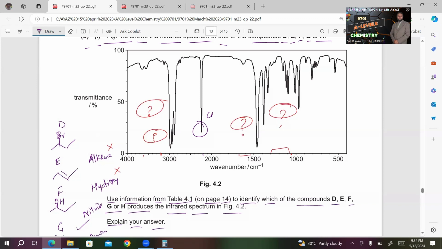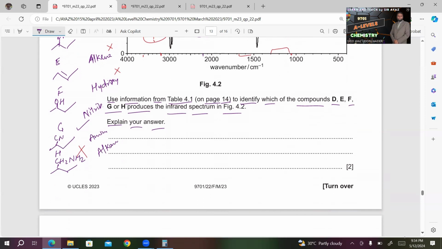This is the peak for CN. So you write absorption at 2200 till 2250, and it is of C triple bond N. Therefore, it must be G.